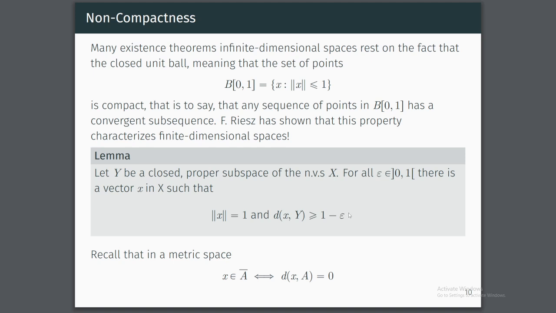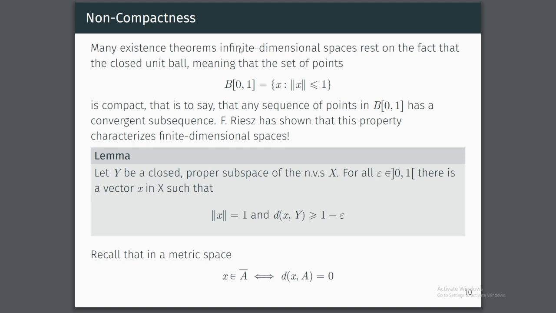Okay, so you can pick any epsilon between 0 and 1, it would still work out. You just need this to be greater than 0, essentially. So any number between 0 and 1 would work.